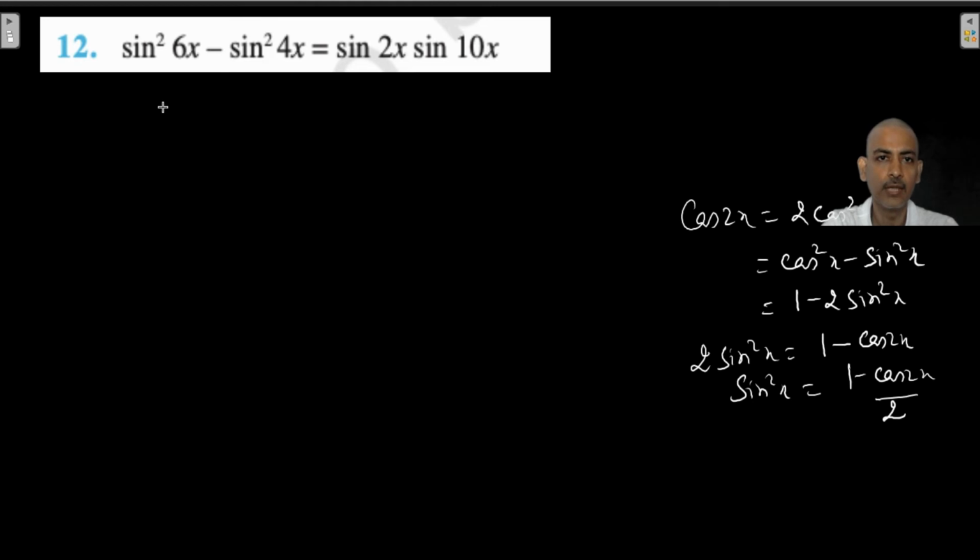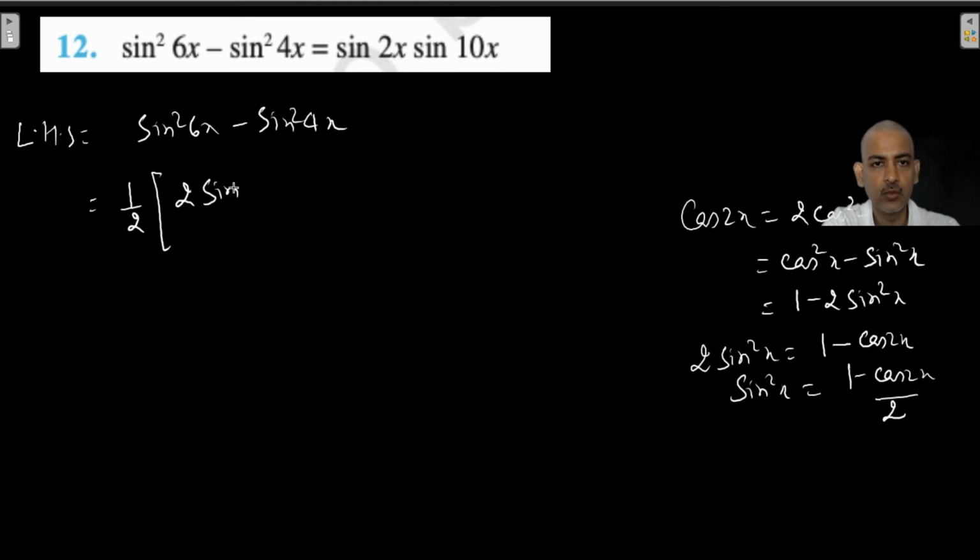So now look at the left hand side in this problem. Your left hand side is sin square 6x minus sin square 4x. What if we multiply it by 2 and divide it by 2? So I am just dividing it by 2 and writing 2 of sin square 6x minus 2 of sin square 4x.